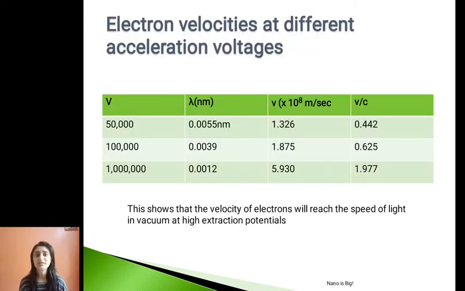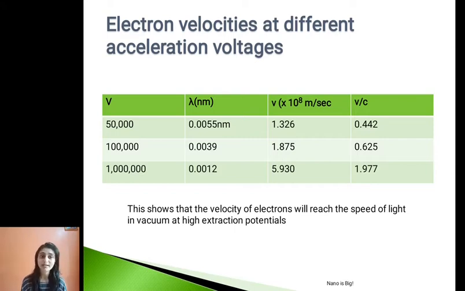Now if we calculate the velocity of this electron at different potentials, suppose 50,000 volts is applied to the electron, then we get a wavelength of 0.0055, a velocity of 1.326 into 10 raised to 8 meter per second, and a v by c ratio of 0.442.